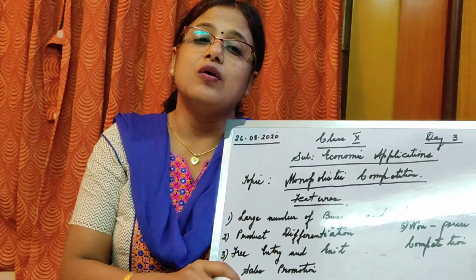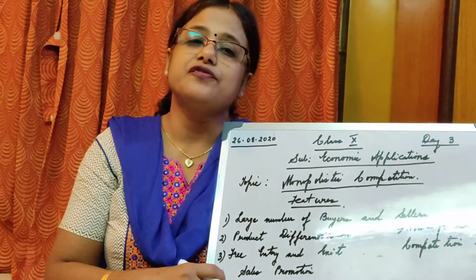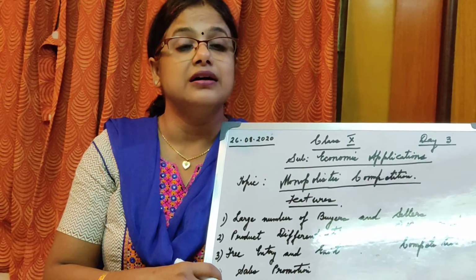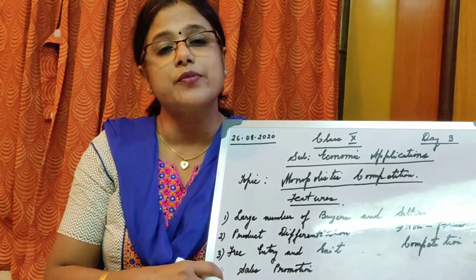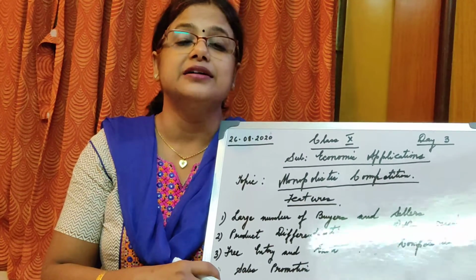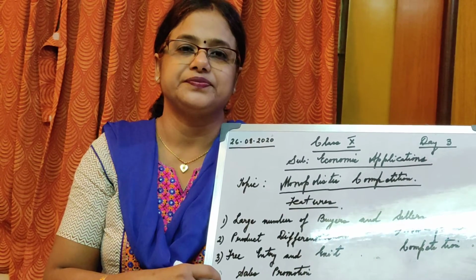Now, what is monopolistic competition? It is a form of market structure in which there are a relatively large number of sellers of a particular product, but each seller sells a somewhat differentiated product.